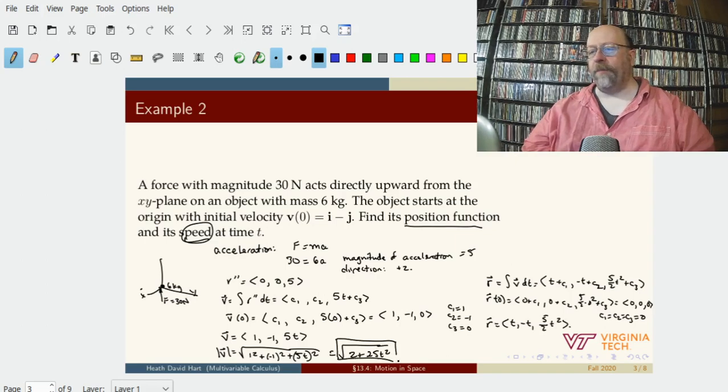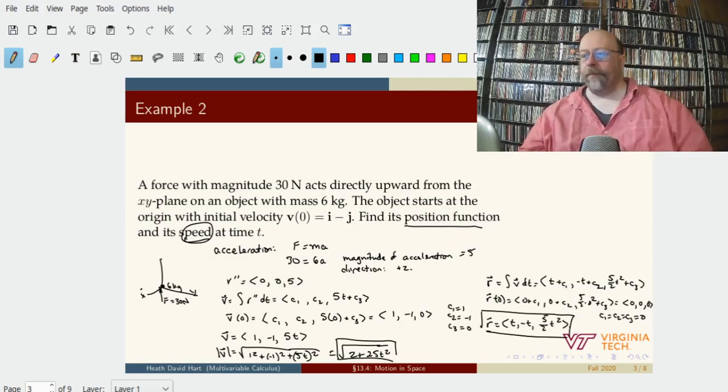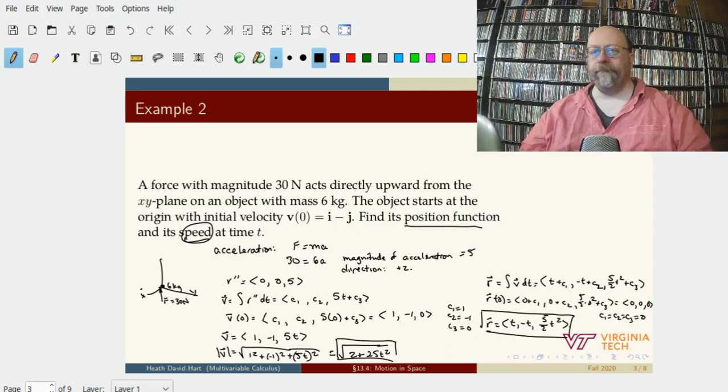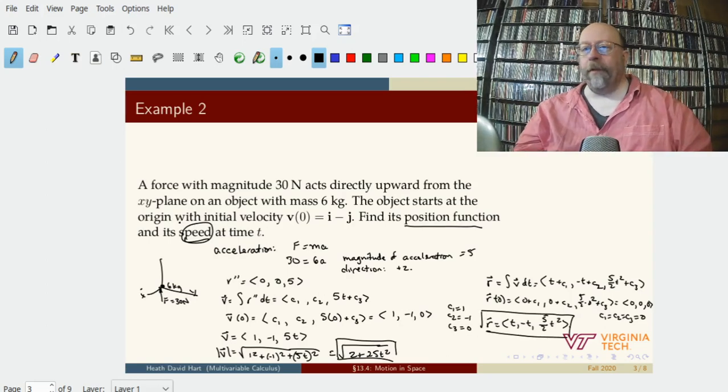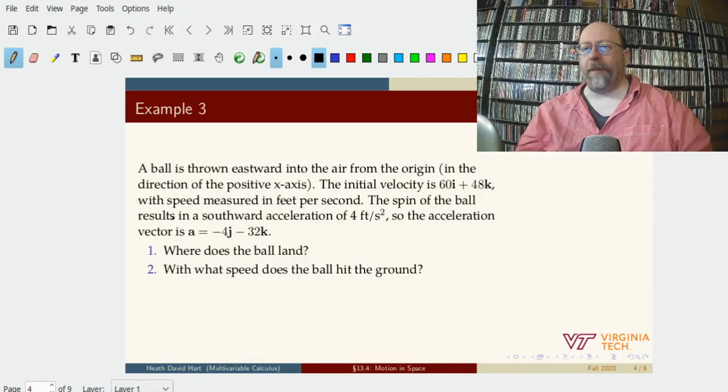And that would be the speed at time t. So we have the position vector and we have the speed. Okay? So let's try one more, and then we'll move on to something else.